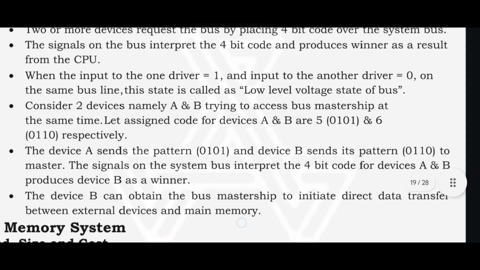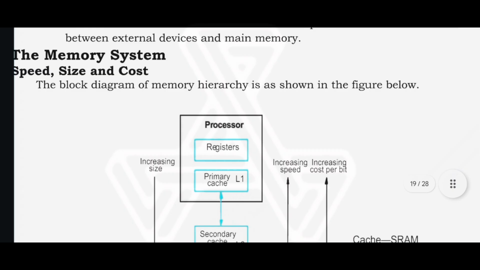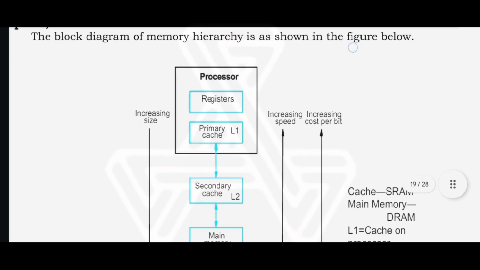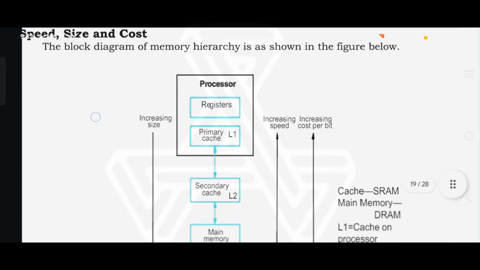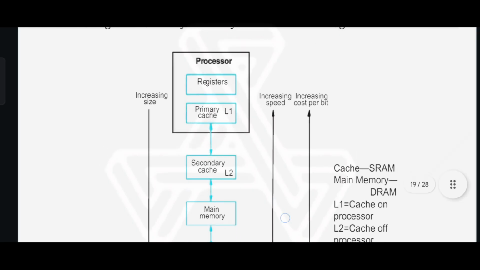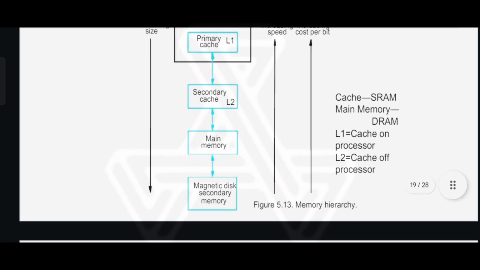Memory system: speed, size and cost. The block diagram of the memory hierarchy is as shown in the figure below. Processor, registers, primary cache L1, secondary cache L2, main memory, magnetic disk, secondary memory.